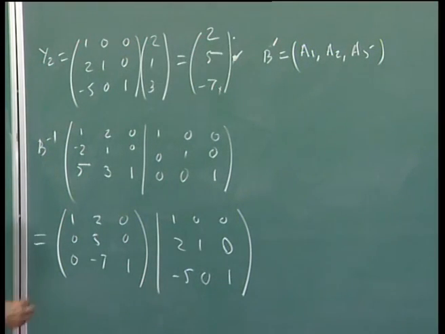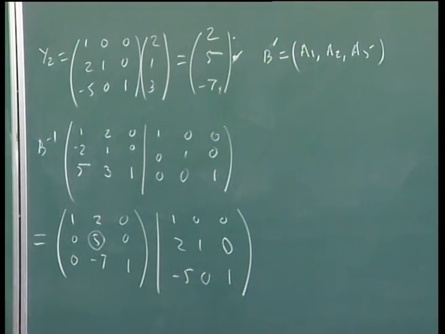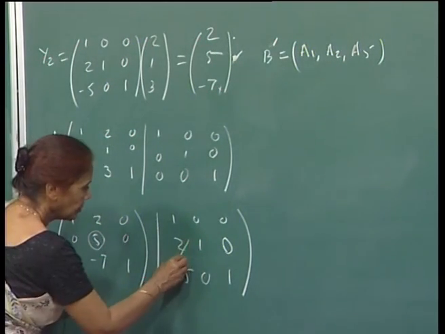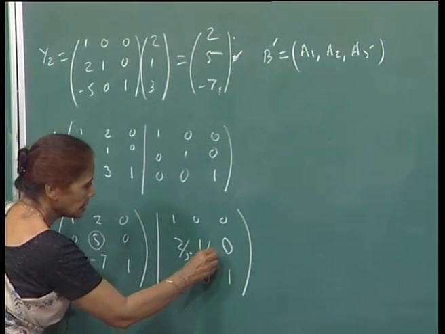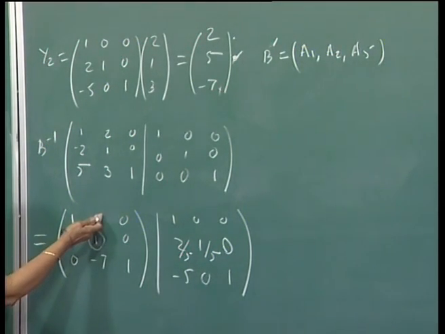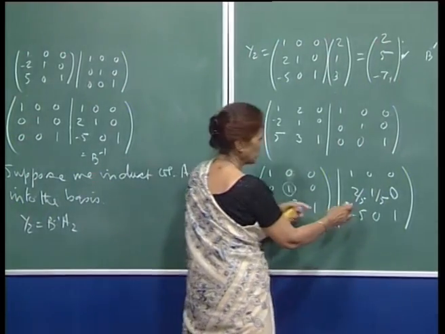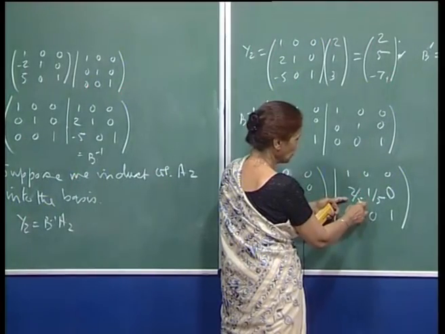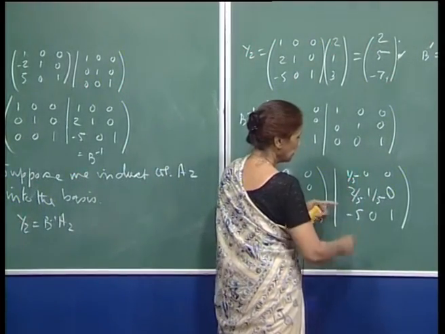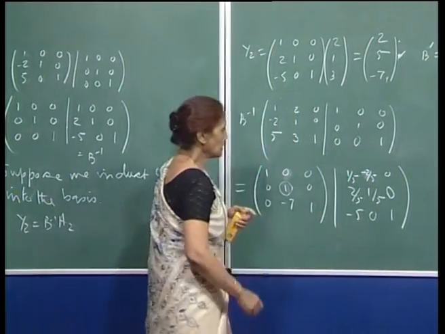Since I have to pivot on this one, let us do the calculations here. I divide the whole row by 5. So, that makes this 1 by 5, and this becomes 1. Now, twice you subtract from here, so this becomes 0. Twice I subtract from here, so 1 minus 4 by 5 will be 1 by 5, and this will be minus 2 by 5, and this is 0.